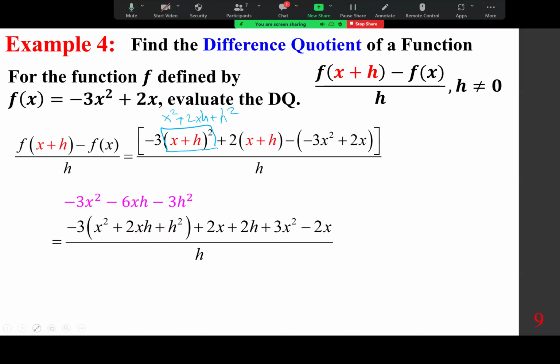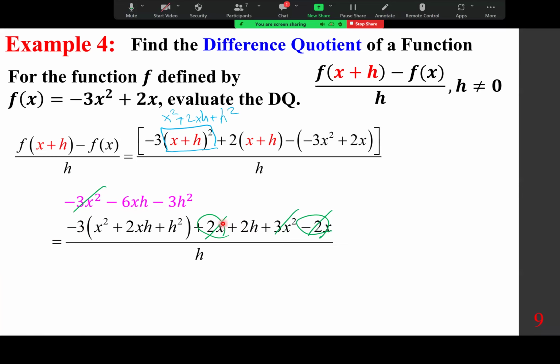Negative 3x squared and positive 3x squared cancel each other. 2x and negative 2x cancel each other. So what we see in the numerator is negative 6xh minus 3h squared plus 2h.